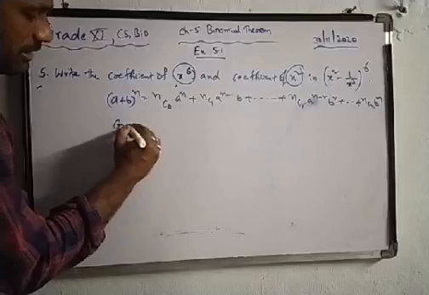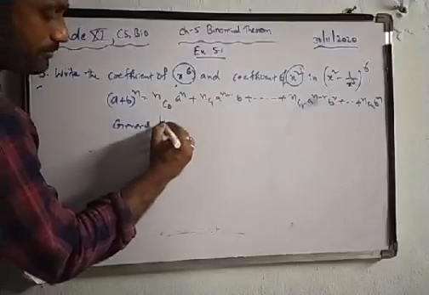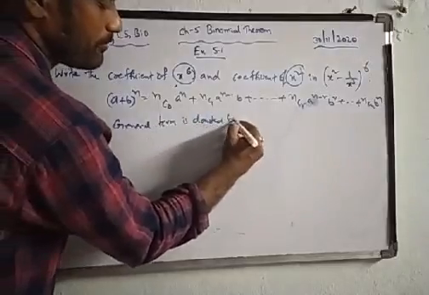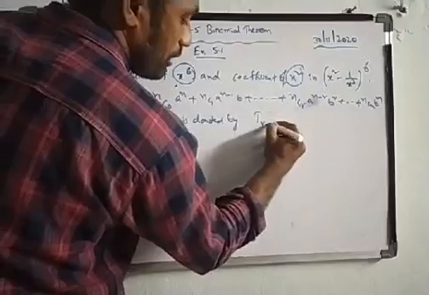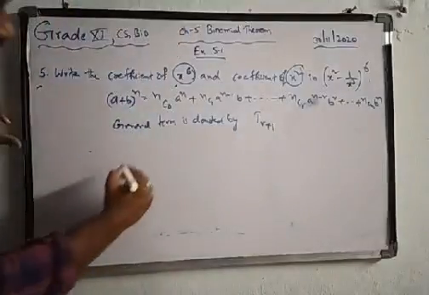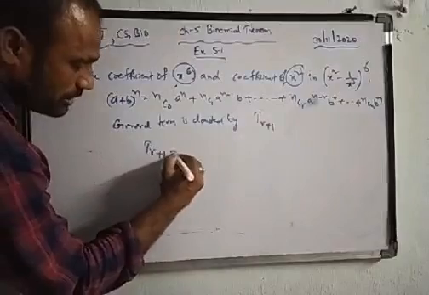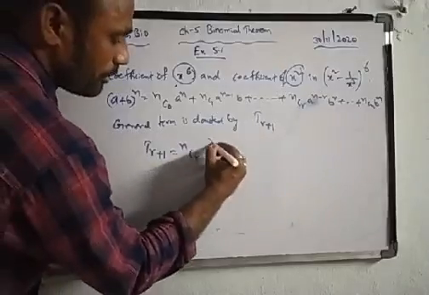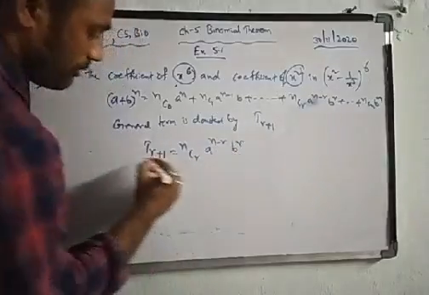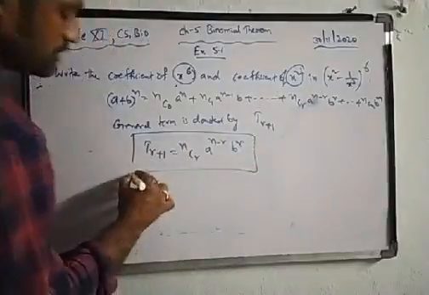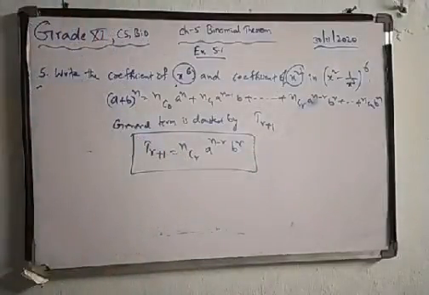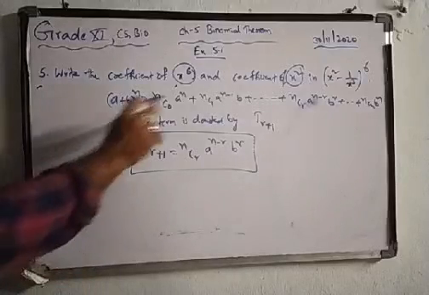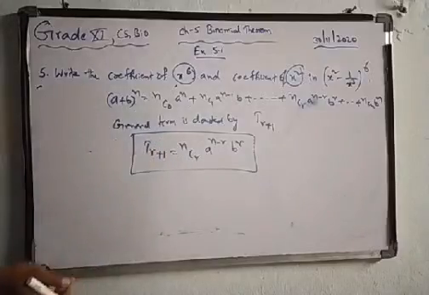Here general term is denoted by t of r plus 1. That is given by t r plus 1 is nCr a to the power of n minus r b to the power of r. So this is the general term of the given binomial expansion. So for any coefficient, if he is asking, we can use the general term formula and we can find out.